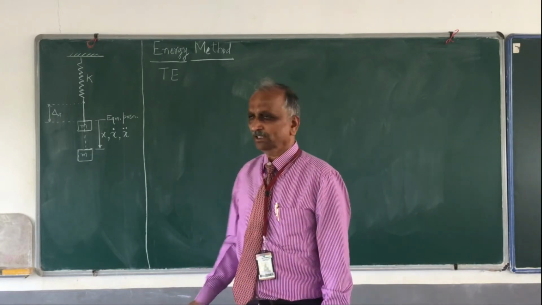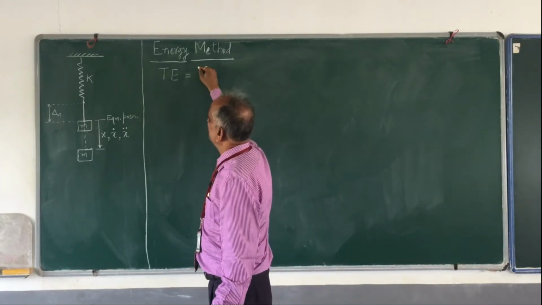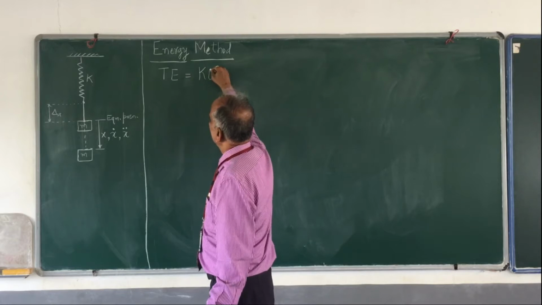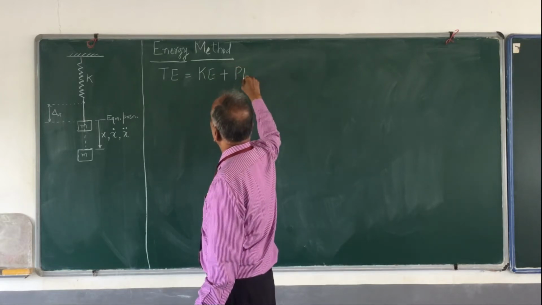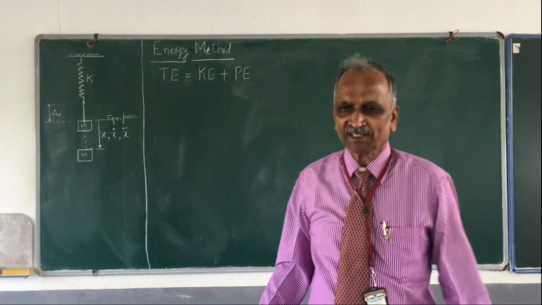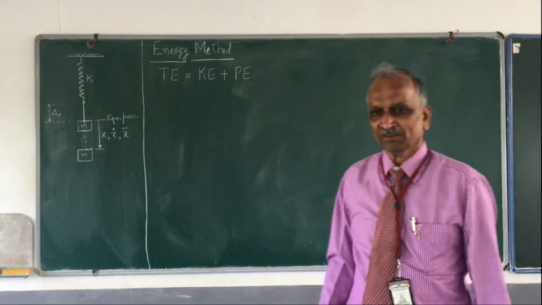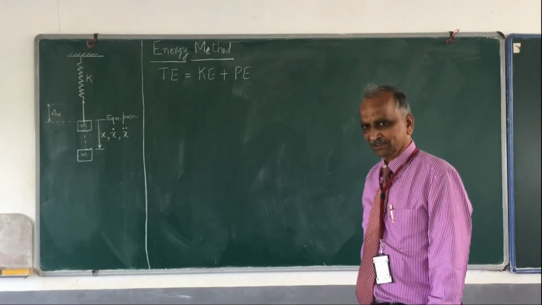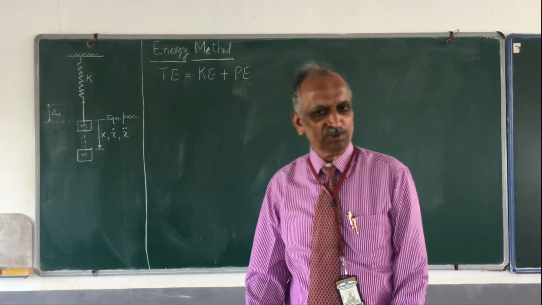The total energy, in short TE, is the sum of kinetic energy plus potential energy. Many times we loosely call kinetic energy mechanical energy, so whenever we say mechanical energy, it is basically kinetic energy we are talking about.